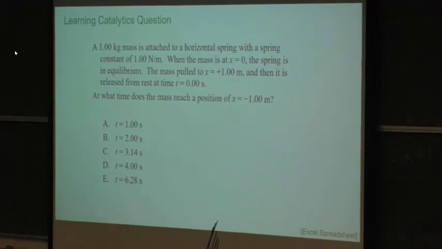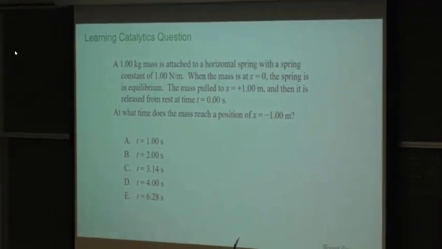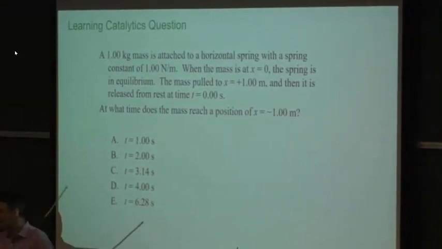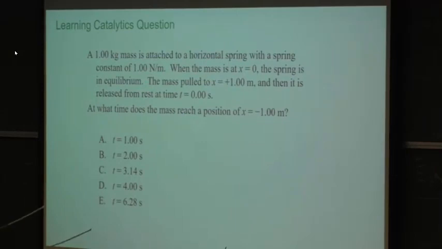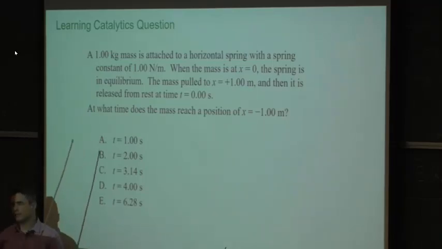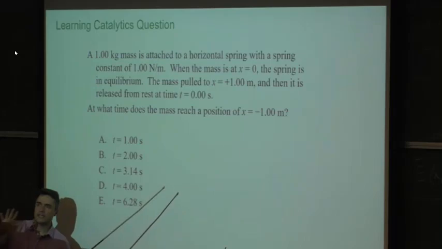And here's a Learning Catalytics question for you. Let's say, kind of like in my Excel spreadsheet, that we have a 1 kilogram mass attached to a horizontal spring with a spring constant of k equals 1.0 newtons per meter. And when the mass is at x equals 0, that's when the spring is in equilibrium. We'll pull it off to 1 meter and release it from rest. So that's at plus 1 meter.